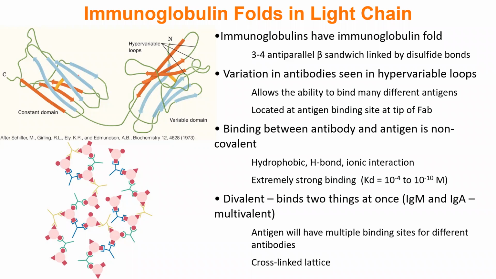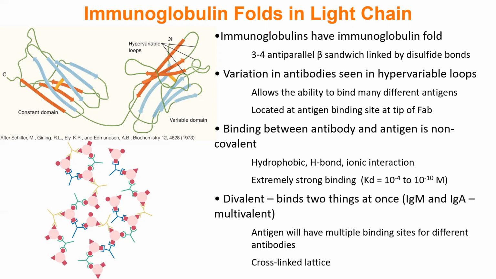This type of fold is called an immunoglobulin fold. It is shown in all your antibodies, and if you ever find a protein with this type of fold, that domain is called an immunoglobulin fold.